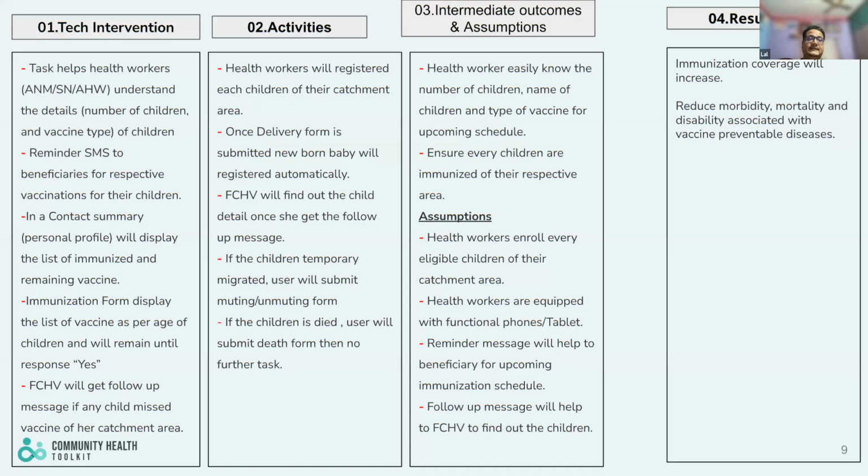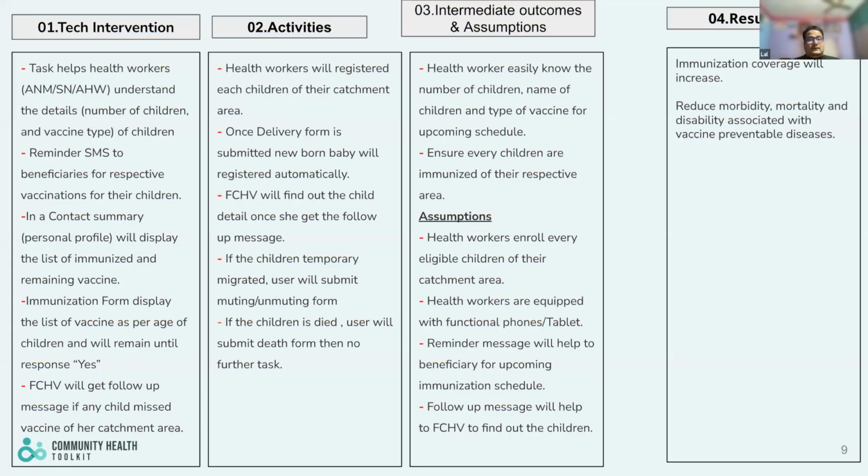In this theory of change, what kind of activities will be carried out, and on the basis of that, what kind of short-term, mid-term, and long-term outcomes will come. You can clearly see the activities, the task's role, and what would be the outcomes, assumptions, and results.